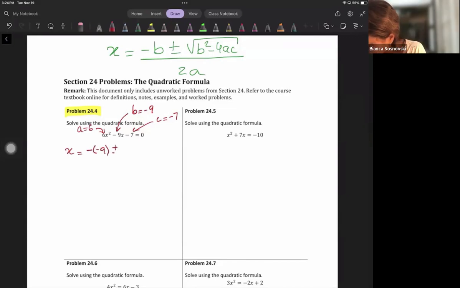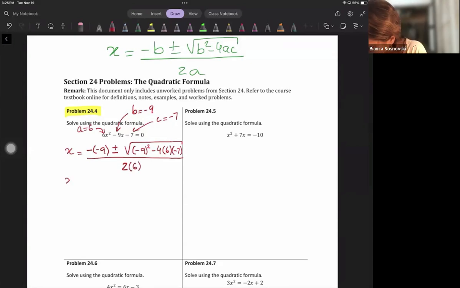And then this is plus minus the square root of b squared, so negative 9 squared, minus 4 times A, 6, and times C, which is negative 7. So all of this is inside my square root, and whatever this calculation is, one with the plus, one with the minus, we do have to divide by 2 times A, so 2 times 6.